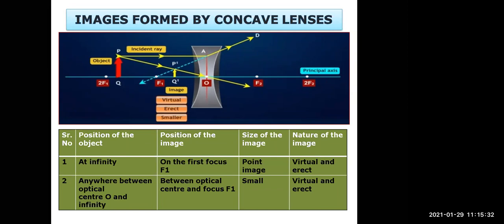If the position of the object is at infinite distance, then the position of the image formed will be at the first focus, the size of the image will be small, or it is a point image, and the nature of the image will be virtual and erect. For concave lenses, mostly a virtual and erect image is formed, whereas for convex lenses we have seen real and inverted images are formed.